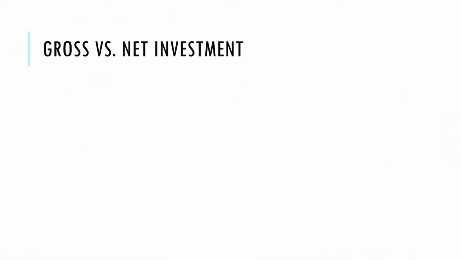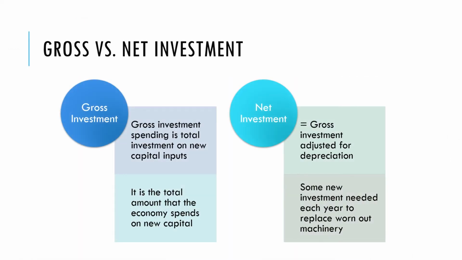So a quick reminder, gross investment is spending on new capital inputs and goods. It's the total amount the economy spends on new capital, whereas net investment is gross investment, and then we adjust for depreciation, adjust for the fact that some assets each year are worn down and need to be replaced.